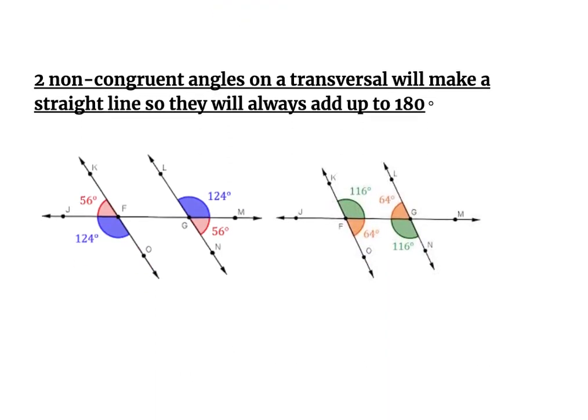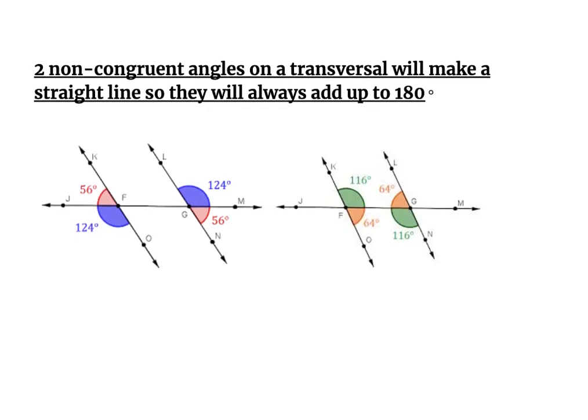Last thing, I know there's so much that you have to remember, is that whenever you have angles that are not congruent to each other, like they're not equal to each other in terms of their measurement, they actually will make a straight line. So for example, this red angle and this blue angle clearly are not equal to each other, right? Like one's a small angle and one's a large angle.